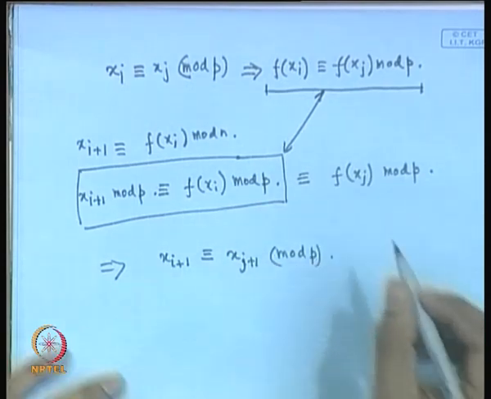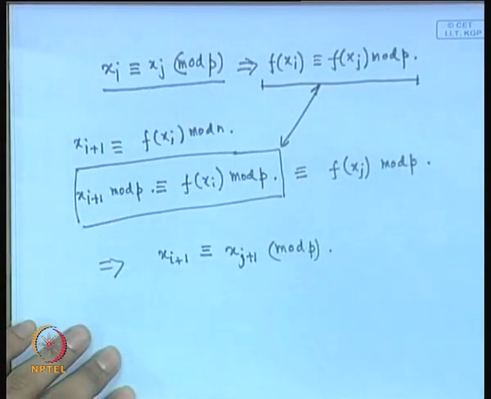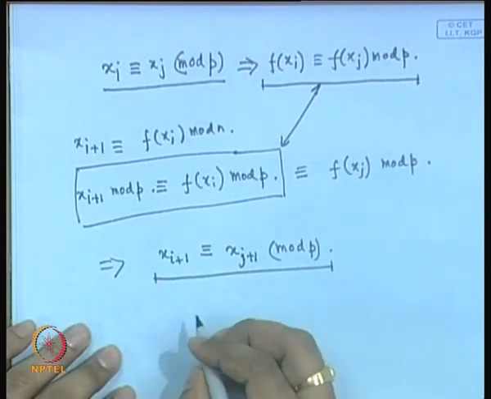If you get x_i congruent to x_j mod p, then using this computation of f, the next modulo n computation, you can say that x_{i+1} will also be congruent to x_{j+1} mod p. Do all of you see that? Yes, that is all obvious.